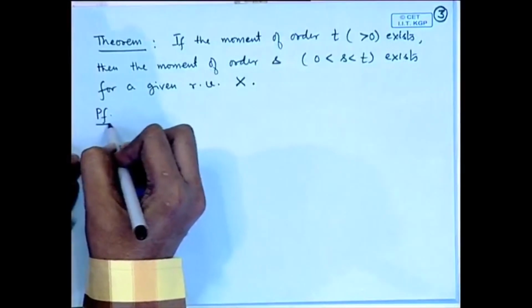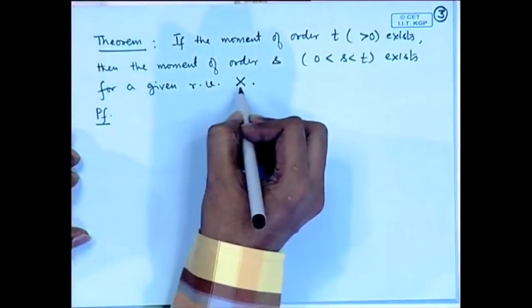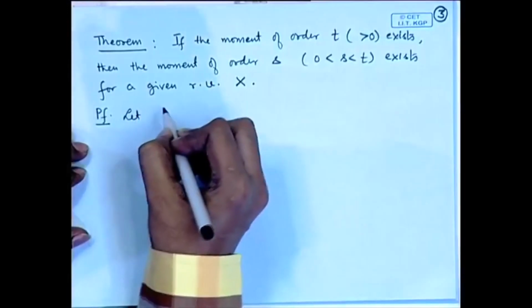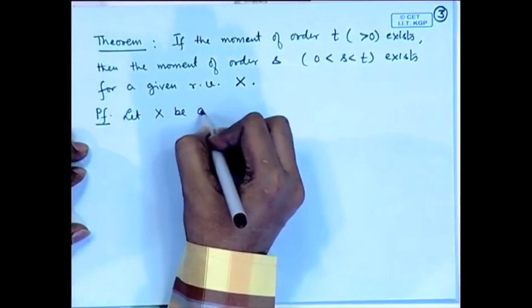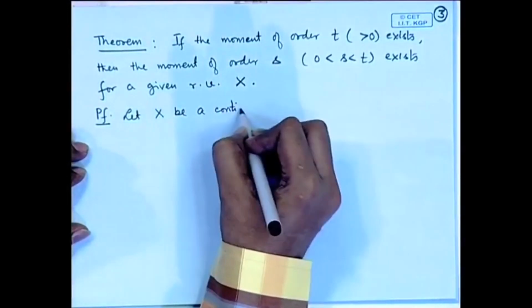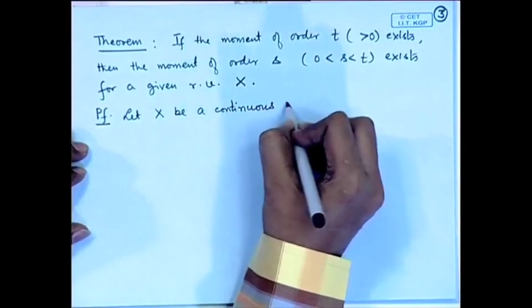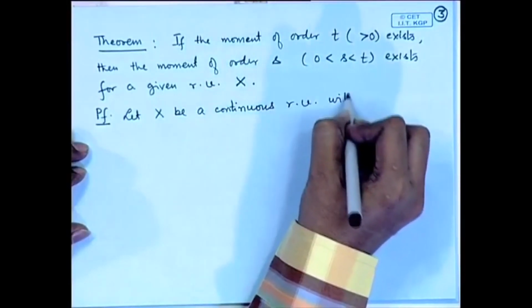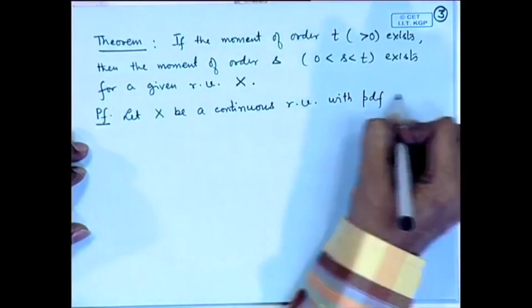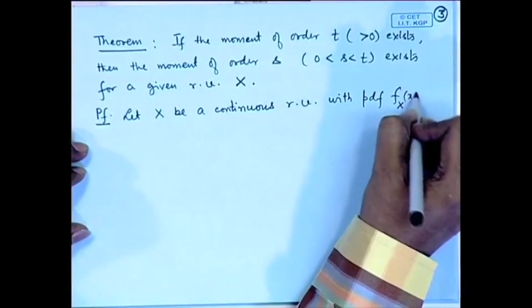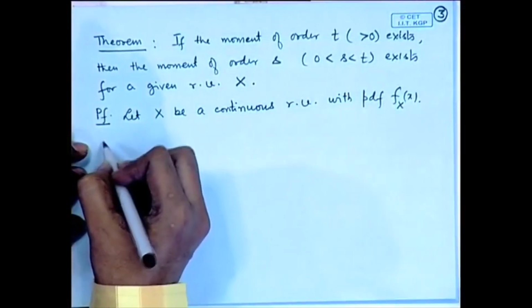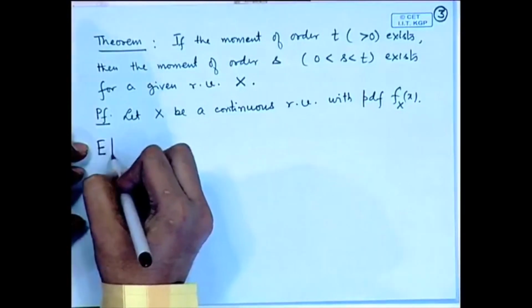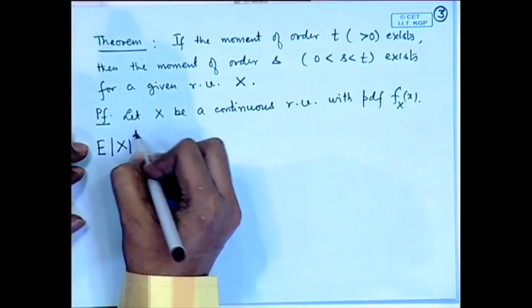Let us look at the proof of this one. For convenience, let me take X to be a continuous random variable. Let X be a continuous random variable with, say, probability density function f(x). Let us write down the expectation of modulus X to the power s.